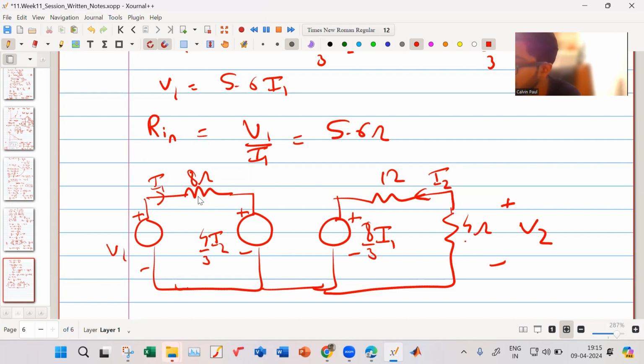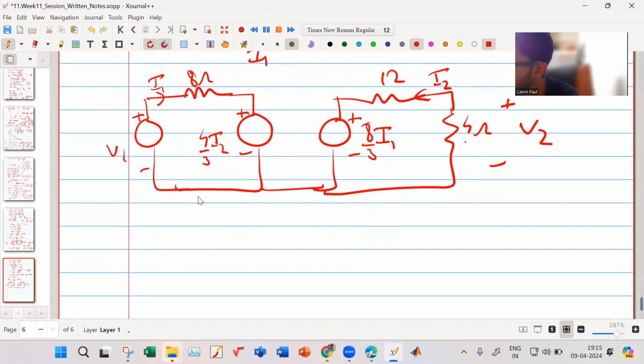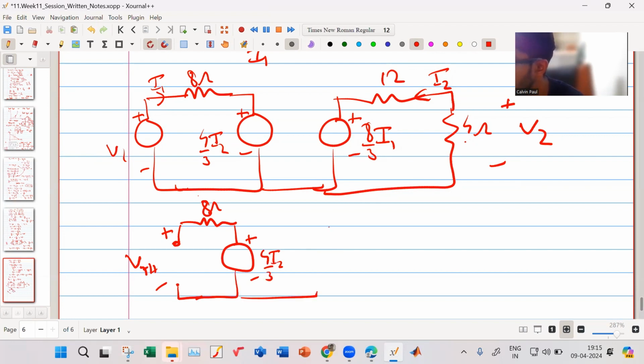The main problem which I am having with that approach is this. This is your 8 ohm, right? This is left open because you want to find VTH. This is your plus minus 4 I2 by 3. This is your plus minus 8 upon 3 I1.